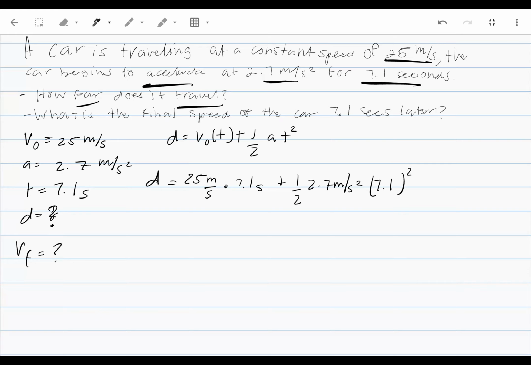So if you want to pause the video and work it out on your own, you can, or if you want me to go through it, I would break this up into pieces so it's easier.